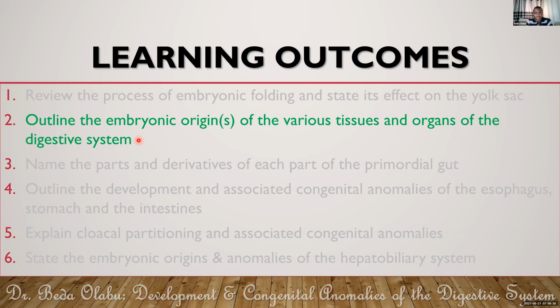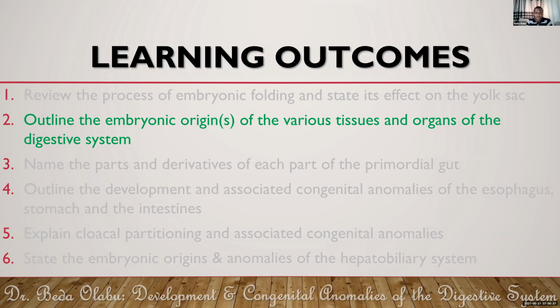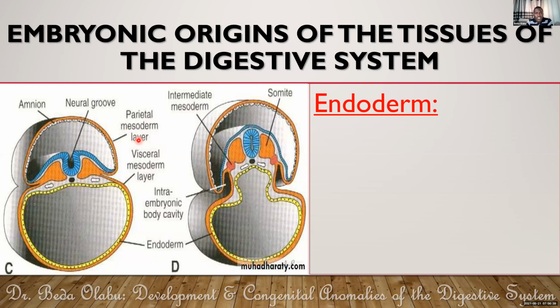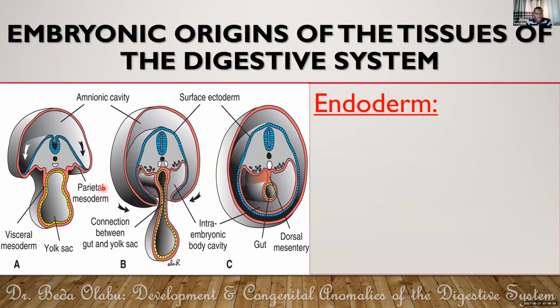Let's address the second agenda, which is embryonic origins of the tissues and organs of the digestive system. So, having said that the gut tube is lined by endoderm inside, as you can see in these transverse folding images, that's the endoderm, this is the splanchnic mesoderm. And then as folding continues, this is how it becomes. So the most inner layer is the endoderm layer.